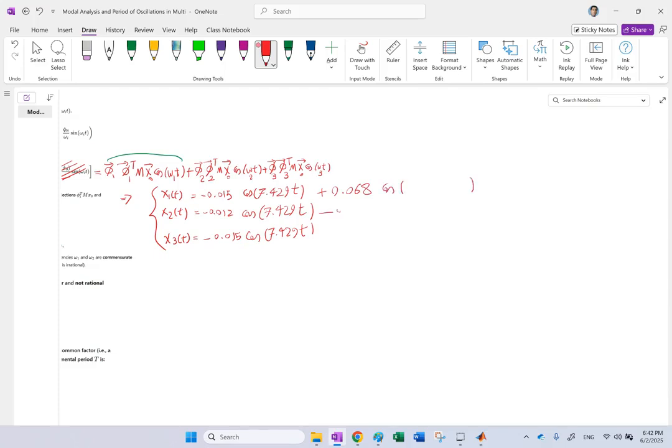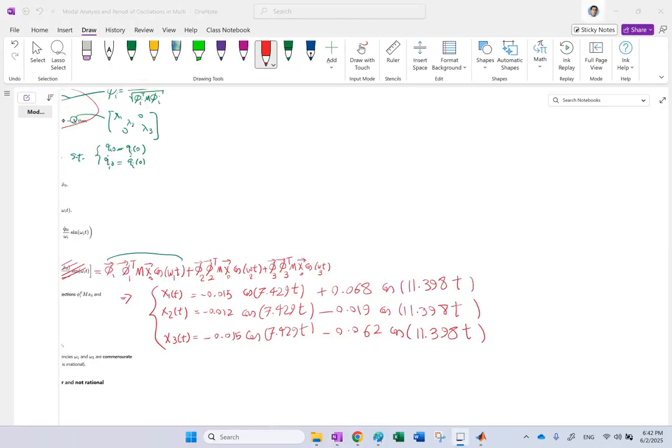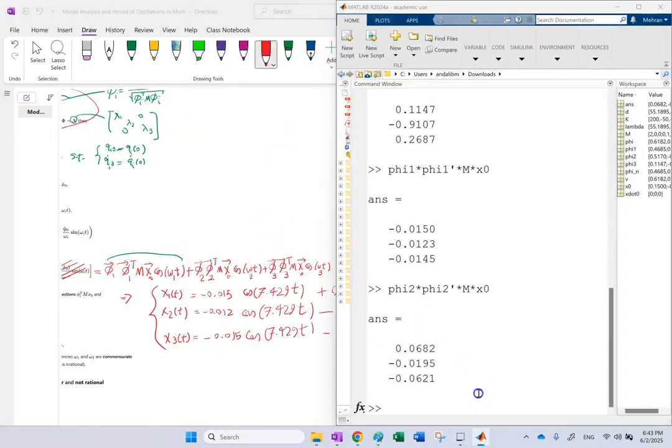And then this is negative, and this is negative. That is this one. And then finally, we are going to do phi 3 here. So let's do phi 3.